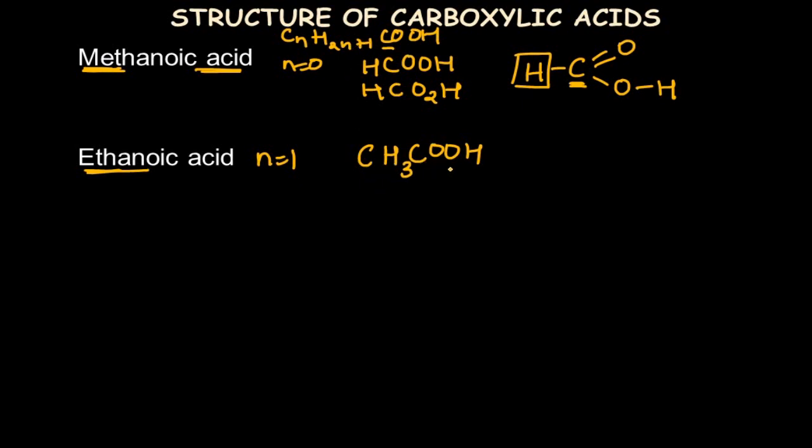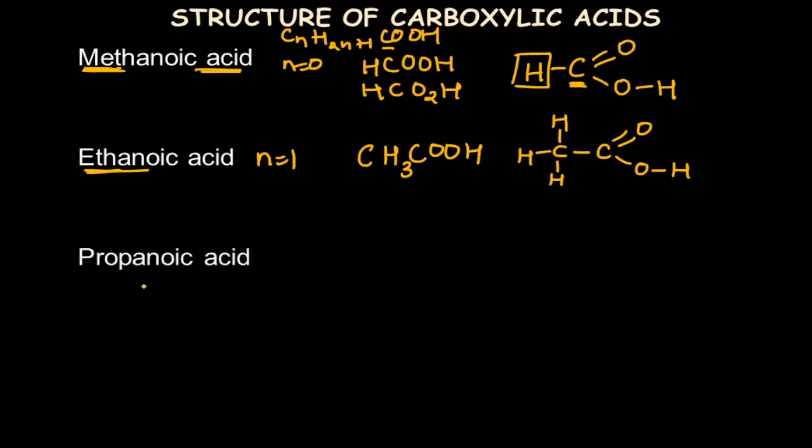So CH3COOH, and the whole structure can be drawn as a carbon bonded to 3 hydrogens, the second carbon of the carboxyl group with one oxygen in a double bond, and the other single bond to OH. This is the full structure of ethanoic acid, showing all the atoms and all the bonds.